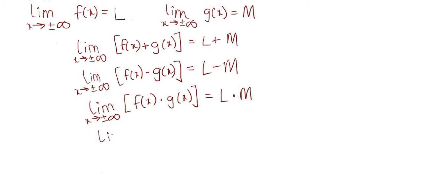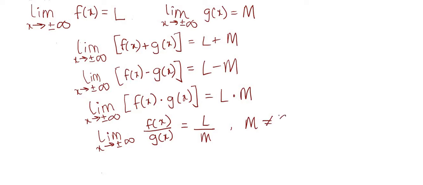And yeah, you can also do it with dividing functions. If you have, say, f of x over g of x, you'll get L over M, where of course M won't be equal to 0, because then if we started with a rational function, it should not be undefined.